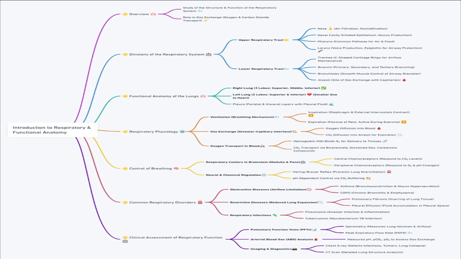For the bronchopulmonary segments of the right lung, like I said, the upper lobe has 3: the apical, posterior, and anterior. The middle lobe has 2, the lateral and the medial bronchopulmonary segments, and the lower lobe has 5: the lateral basal, anterior basal, posterior basal, medial basal, and apical.